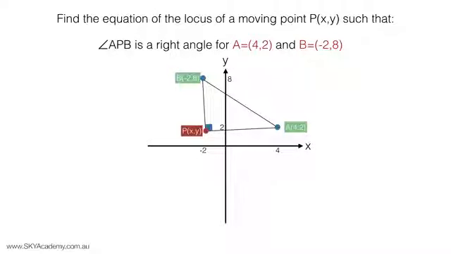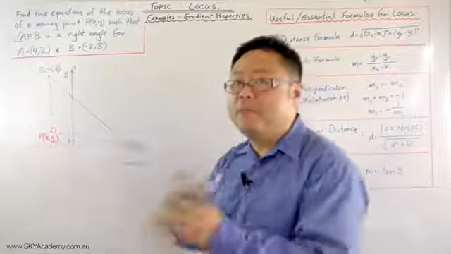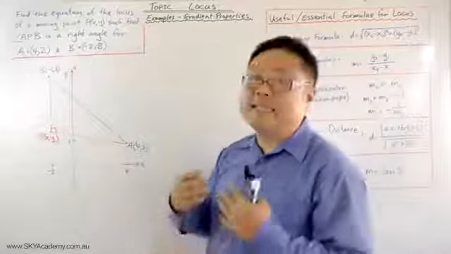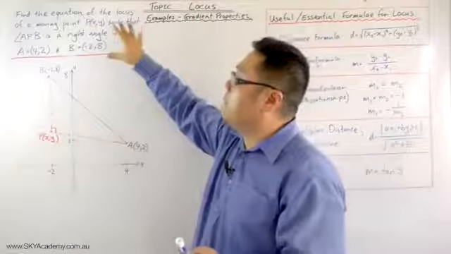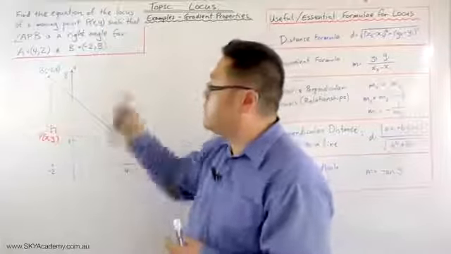Find the equation of a locus of a moving point P with coordinates x, y, such that angle APB is a right angle for the points A being 4, 2 and B being -2, 8. In other words, what we've got to do is pick some arbitrary point P that will be a point on this exact locus that will meet the conditions set out in this question.